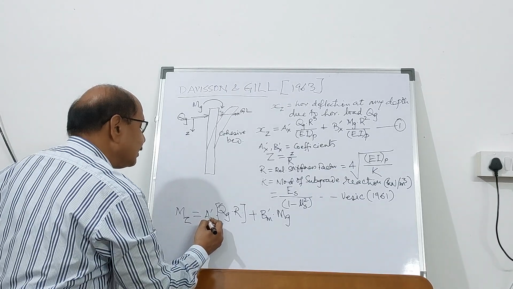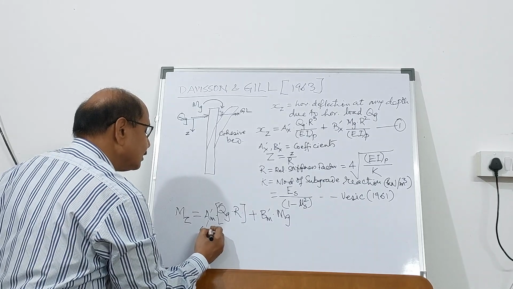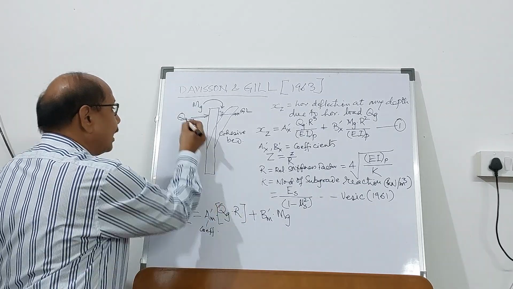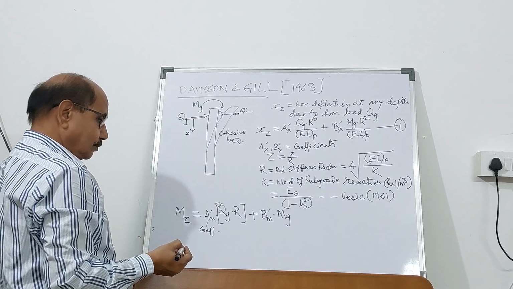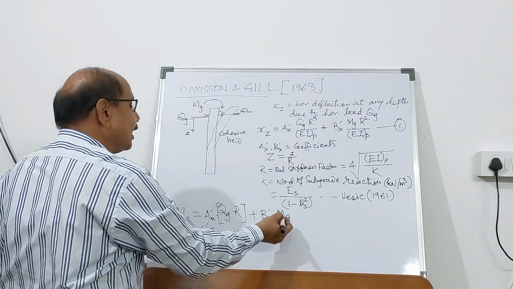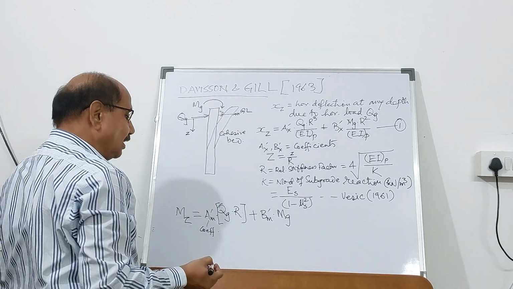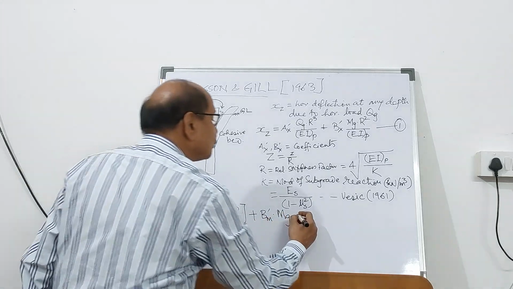So here these are the coefficients. Qg as shown in the figure is the force, Mg as shown in the figure at the ground level. This is equation 2.